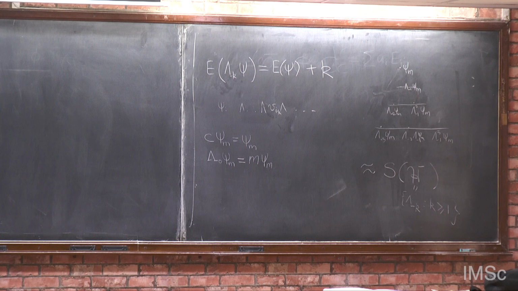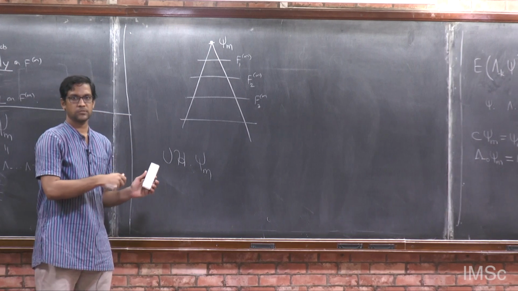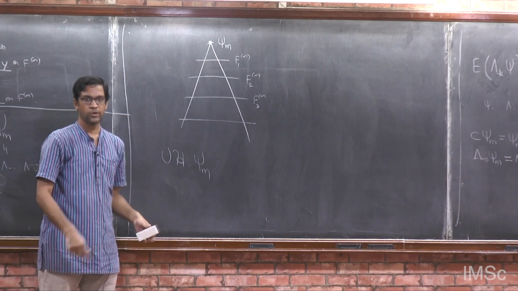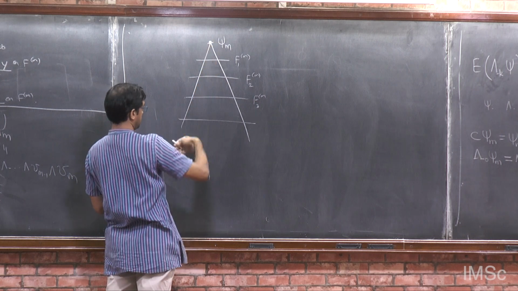Now inside this space, I want to claim it's irreducible under the Heisenberg algebra. So let's take this highest weight vector and act on it by the Heisenberg algebra. Let's generate a submodule by hitting this psi m repeatedly by the Heisenberg.